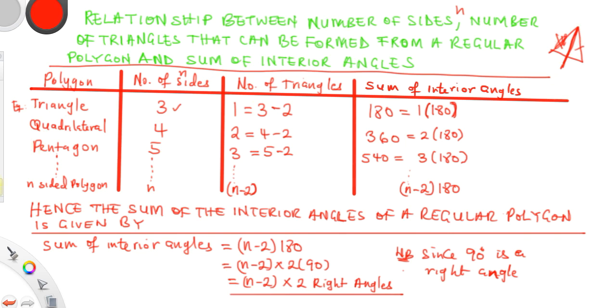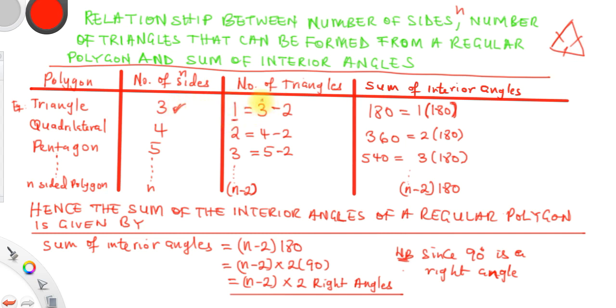The equilateral triangle is already a triangle, so we have only one triangle. So it has three sides, but the number of triangles is one.